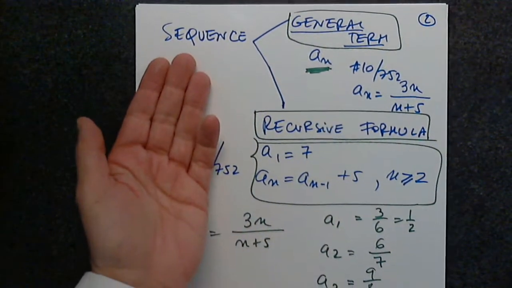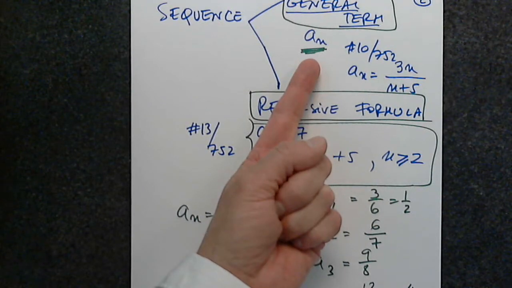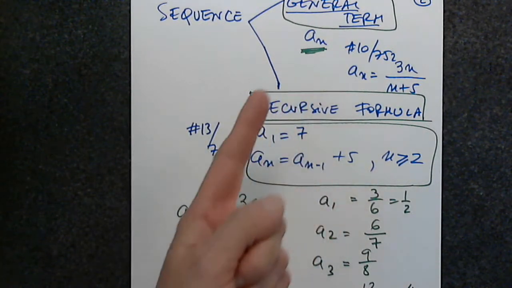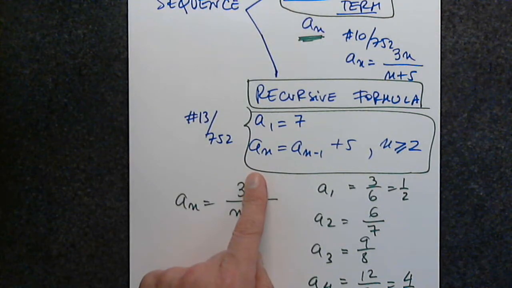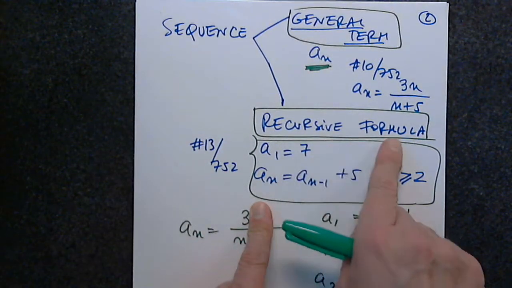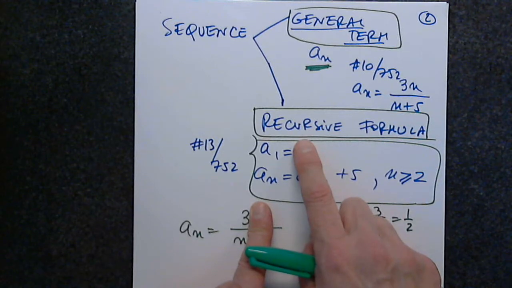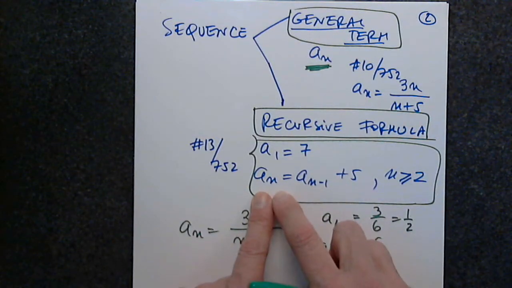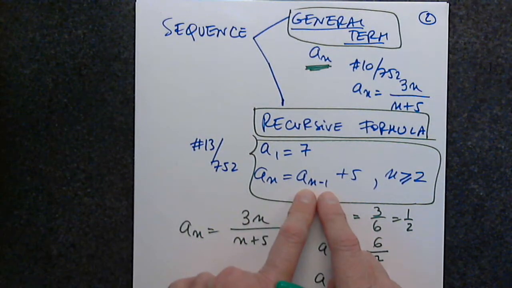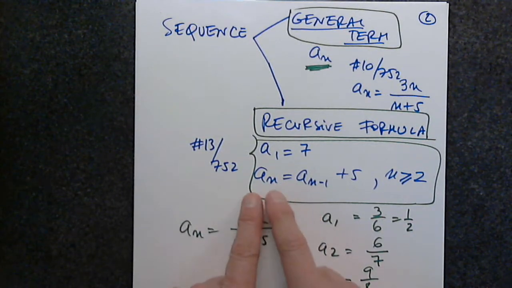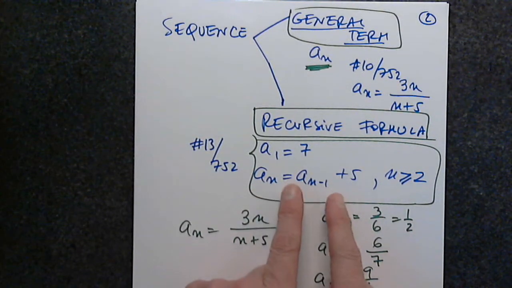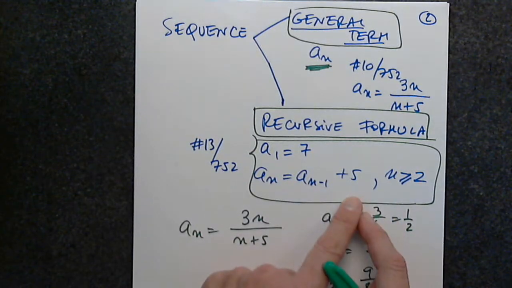So a sequence can be given to us not by giving the general term, but by giving a relationship that includes the general term. This is what is called a recursive formula. So still I'm given an, but not directly, right? It depends on the previous term. So in other words, a7 will equal a6 plus 5.